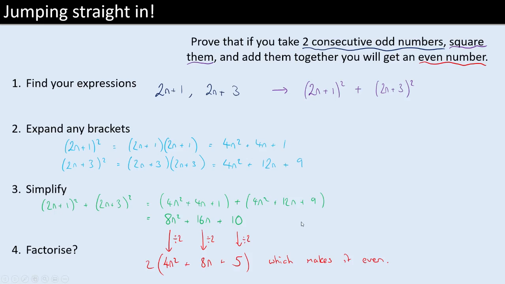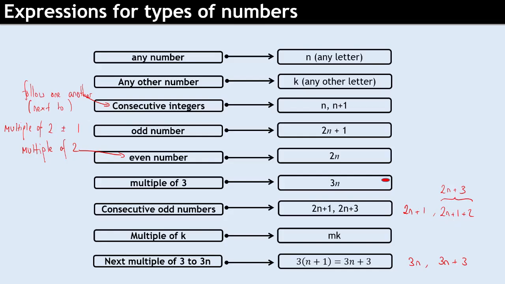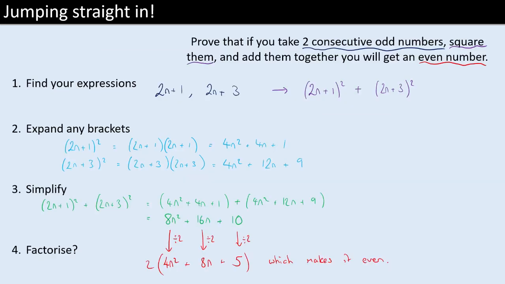Okay, this is the kind of top tier proof that we might need within higher tier. And we might use different kinds of expressions, and that's why knowing these things is so important. So I also want you to go and practice things, okay? And practicing things is really important.